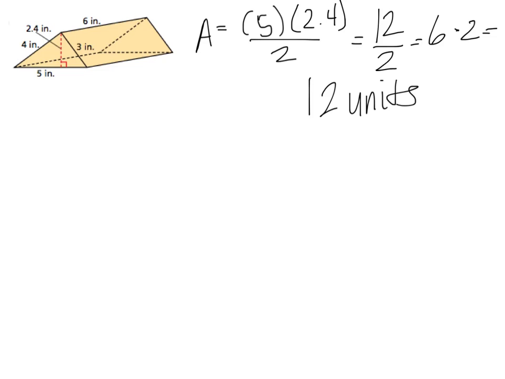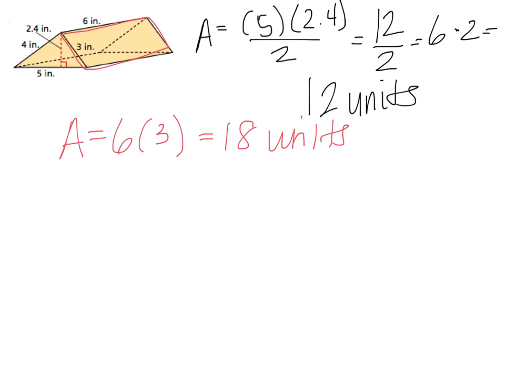I also notice that I have 3 parallelograms here. So I need to find the area of those, and I'm going to start with this front one, and it's going to be 6 times 3, which is 18 units.